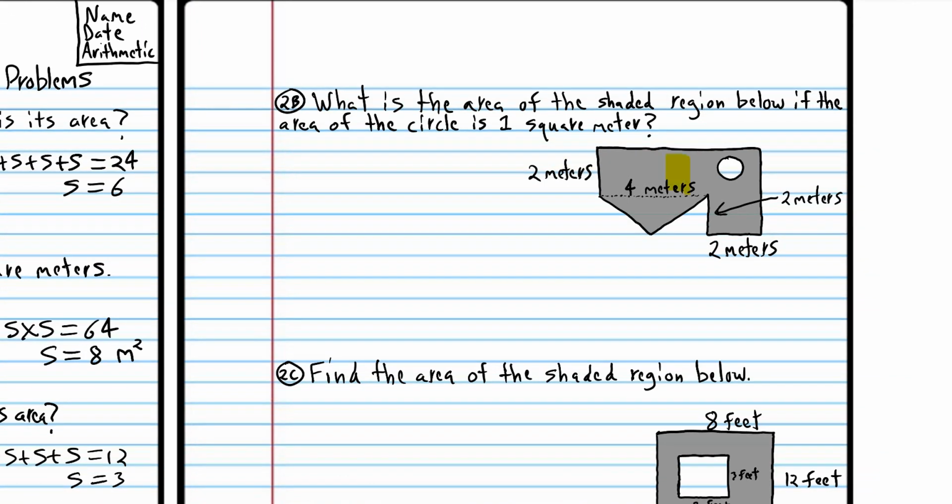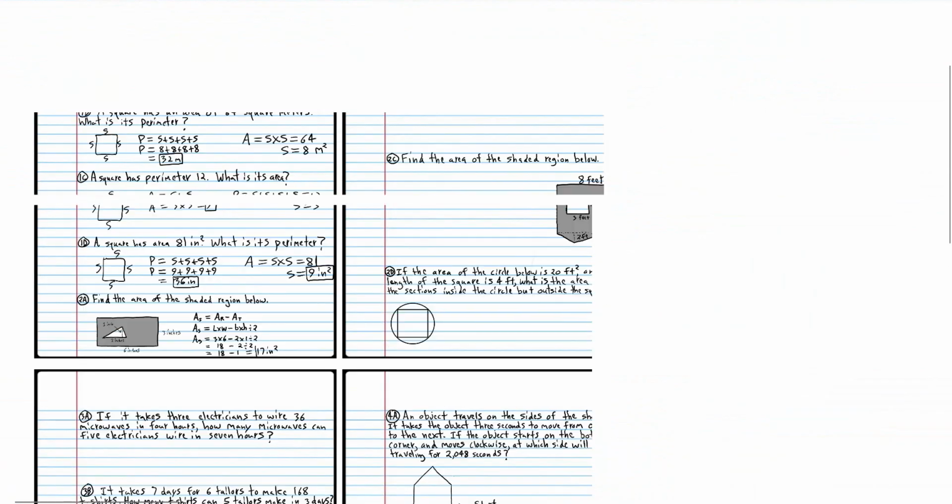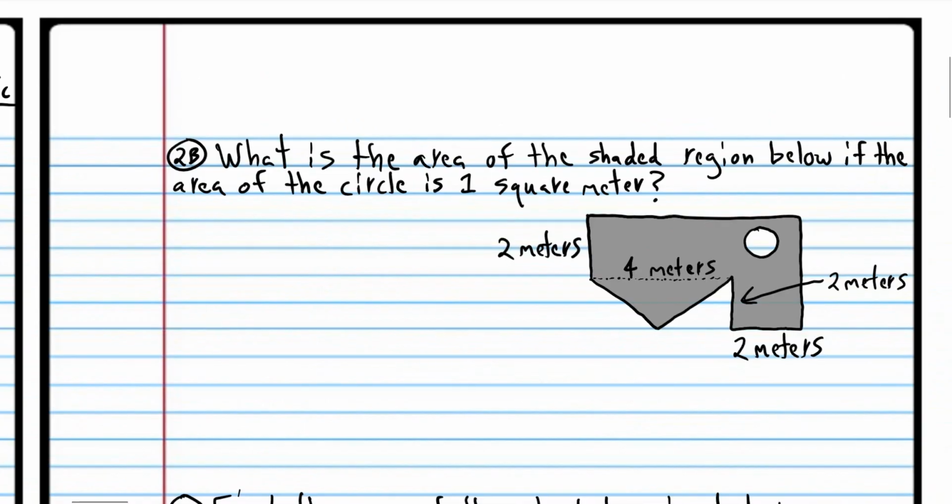We have a rectangle here, and we have a rectangle here, and we have a triangle here, and of course we have that circle that I already shaded over. So this is a problem where it's going to look like we don't have some of the dimensions. Word problems are often designed to intimidate you, to make you think that there's not enough information to solve it, but there actually is.